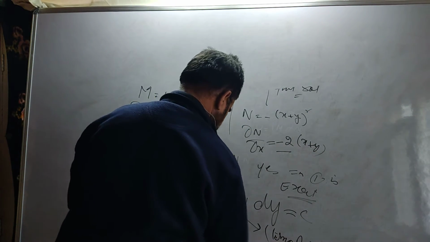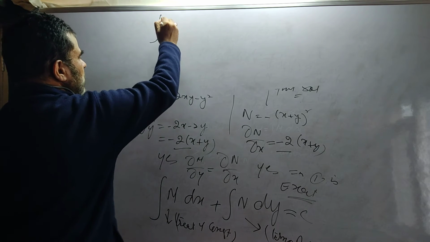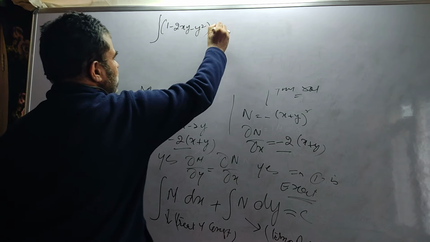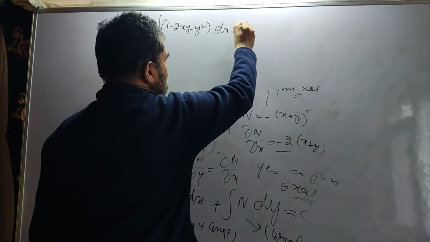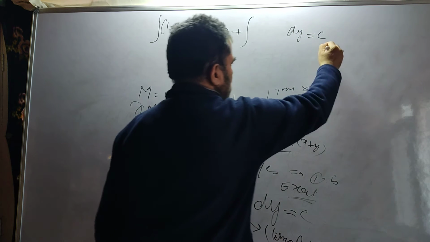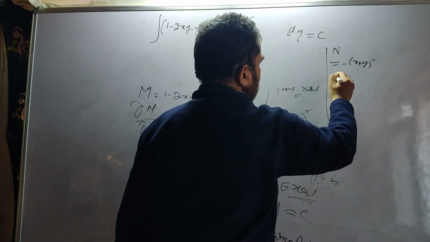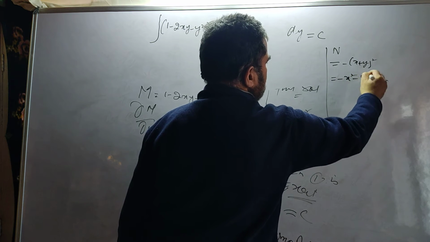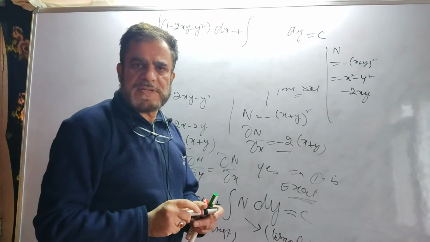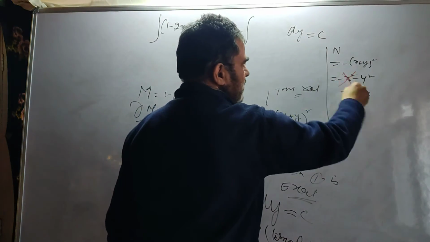How do you proceed then? You will write this: integral of (1 minus 2xy minus y square) dx, plus integral of, dy is equal to c. What is your N actually? Your N is minus (x plus y) whole square. That means it is minus x square minus y square minus 2xy. We have to take here the terms which do not involve x. This involves x, I don't need it.